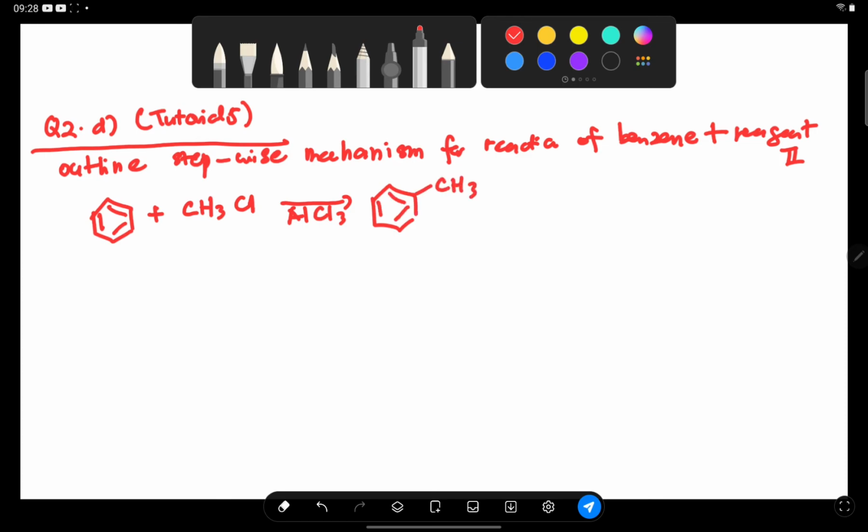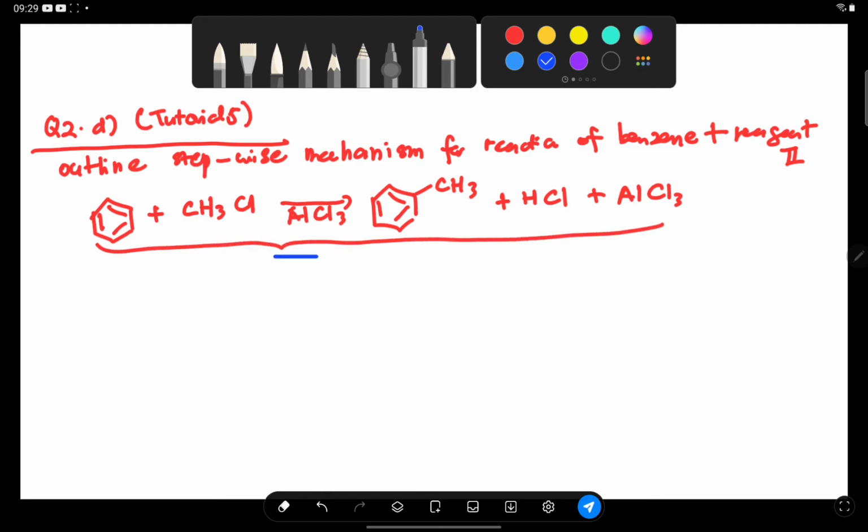CH3 plus HCl plus AlCl3. So basically this is what we call the general reaction of Friedel-Crafts acylation.